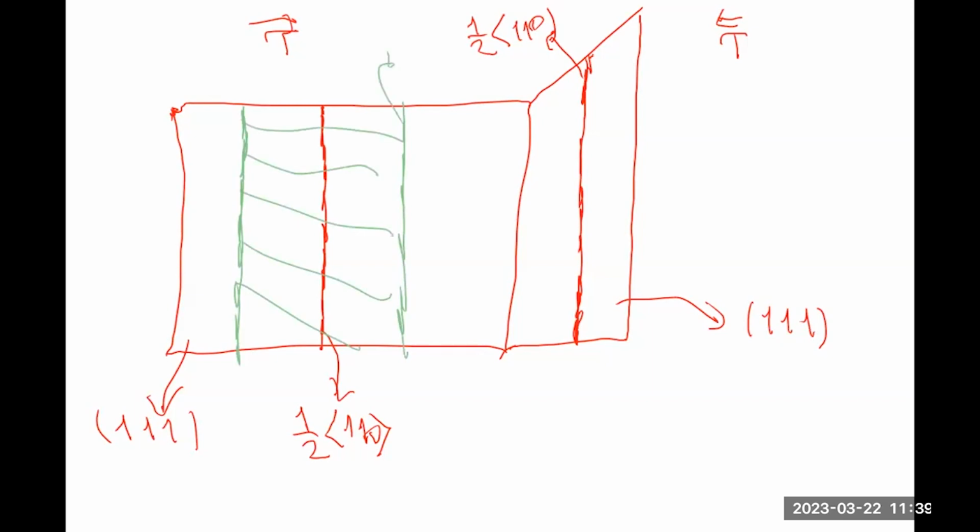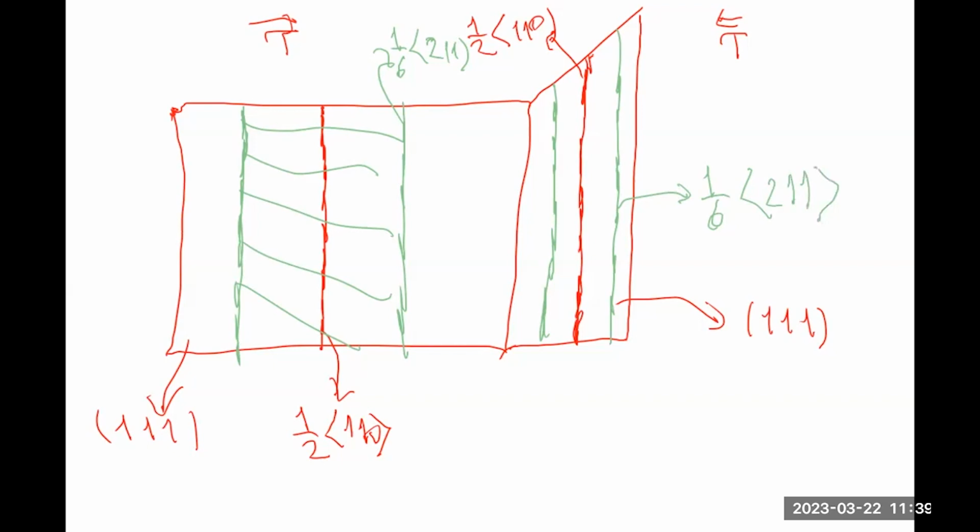So this is 1/6 211, and another Shockley partial, 1/6 111. This point is very, very important, guys. This Shockley partial and this Shockley partial meet at this intersection.